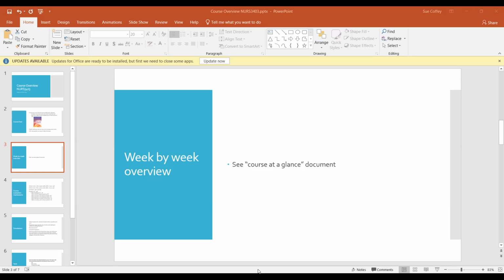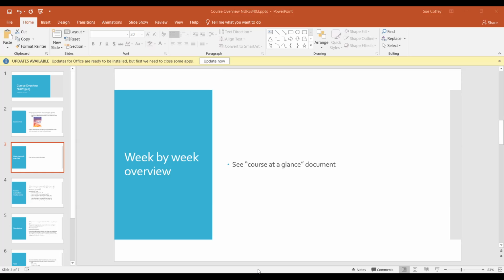So we're going to talk about the ACLS algorithms, which takes it to a higher level. I know all of you do your BCLS certification, but this takes it to a higher level in understanding what kinds of interventions you might be involved in when a patient is having a cardiac arrest or demonstrating a rhythm that needs acute intervention. So I hope you'll find that exciting.